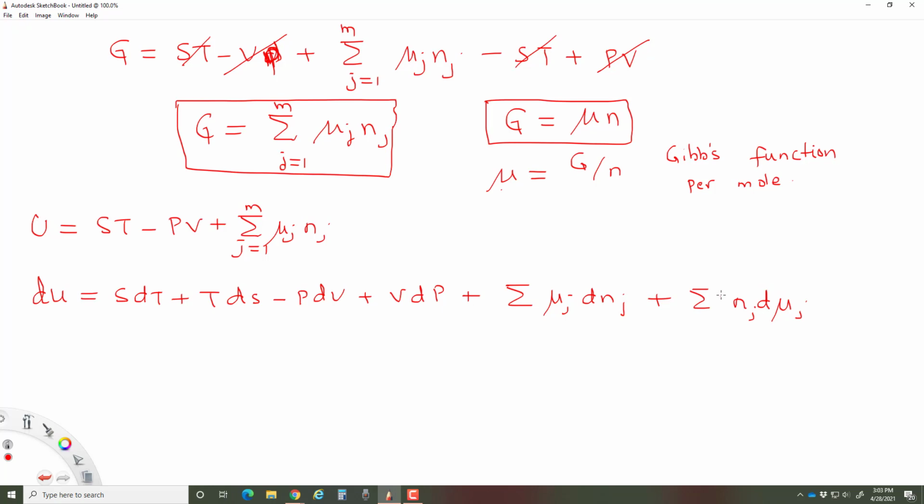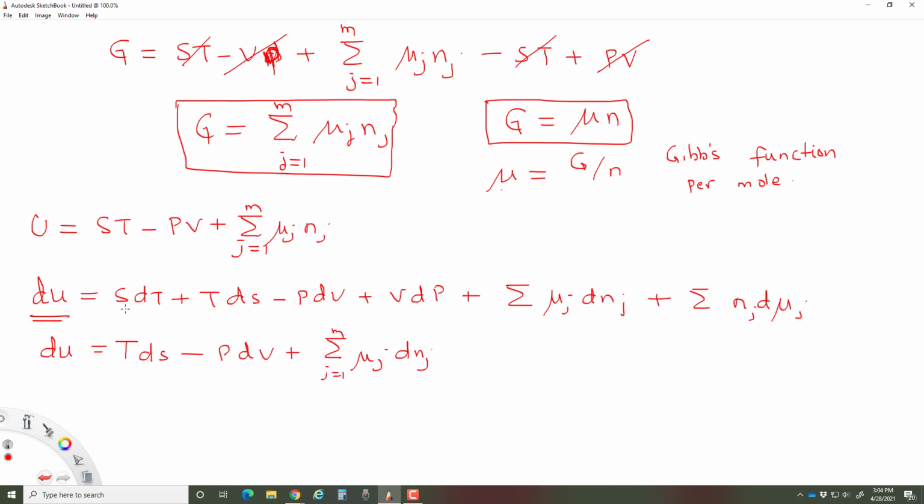This is the differential, and we also have another differential for U, which, let me rewrite that here. We already got this one from the previous treatment: T dS minus P dV plus mu j dn j.